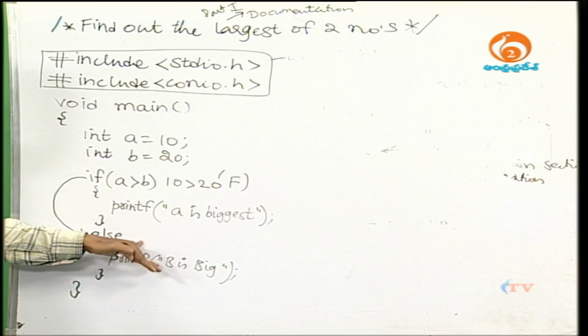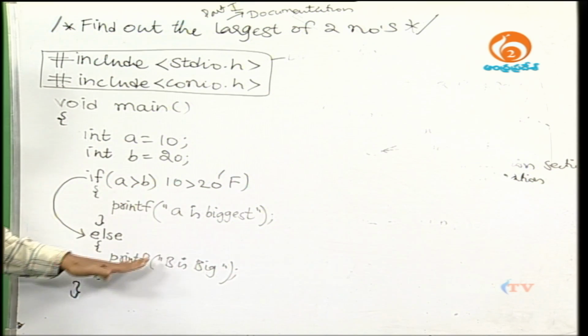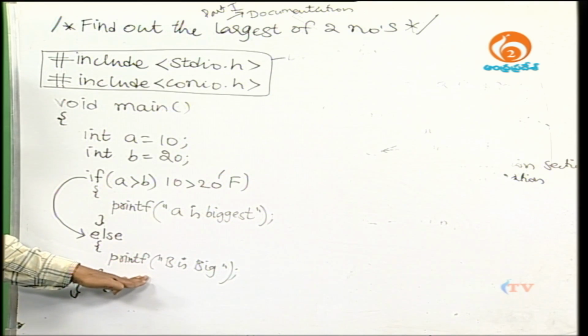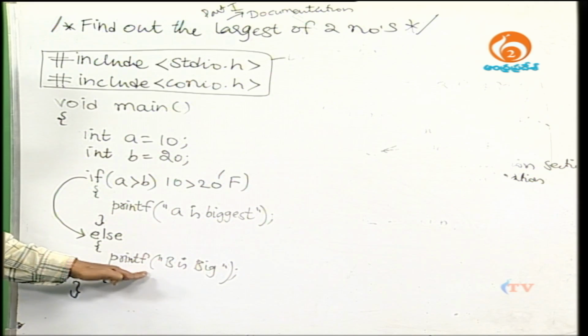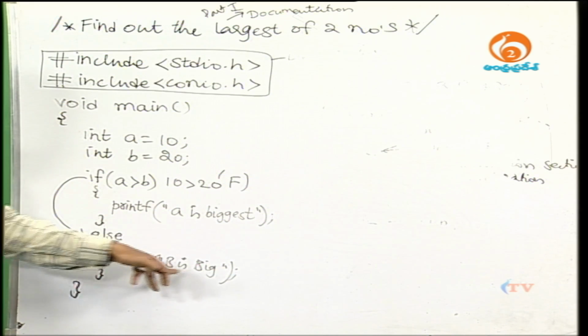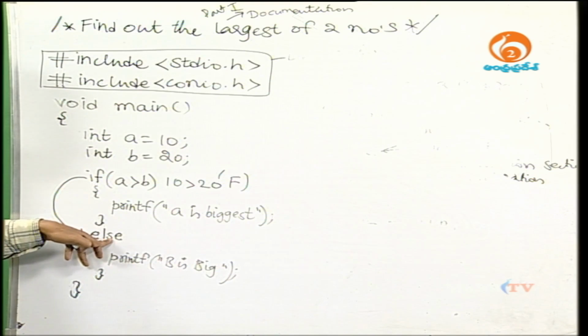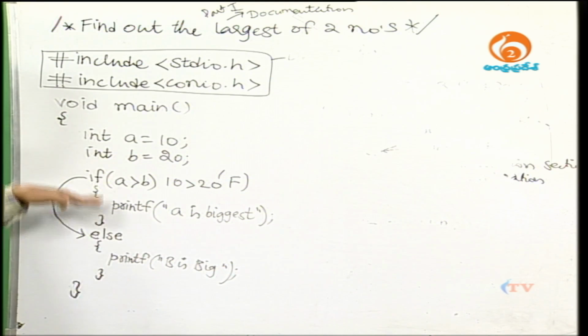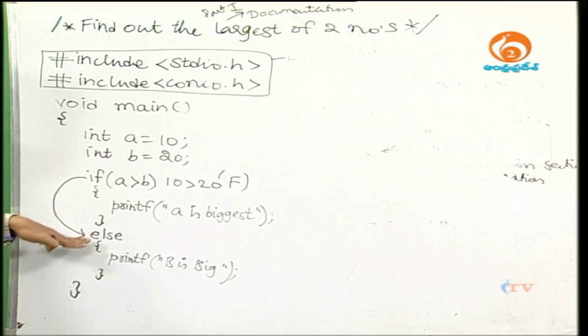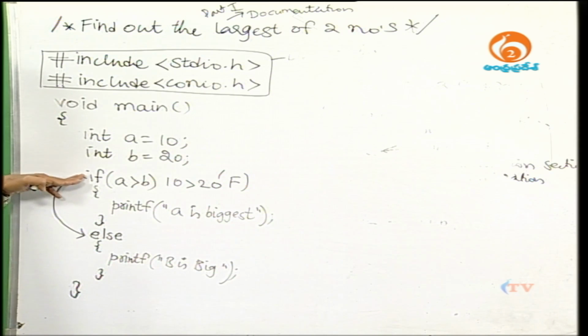There is no condition in else. If A is not big, then B is big, so we display printf B is big. If and else are keywords. Else always follows the if condition. I cannot write else first and the if condition later.